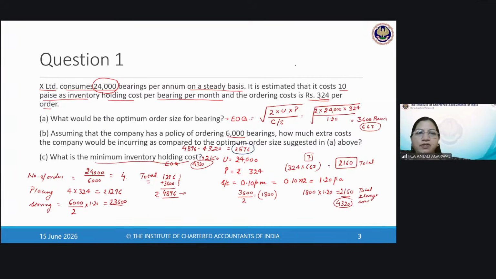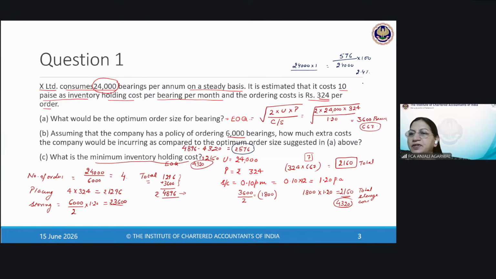So let's say the bearings cost is 1 rupee per unit. So the total raw material cost is going to be 24,000 only. Now, if I want a discount of 576 rupees on 24,000, I can say it in percentage that if the vendor offers me a discount of at least 2.4%.